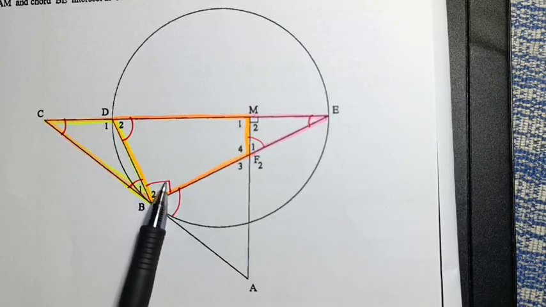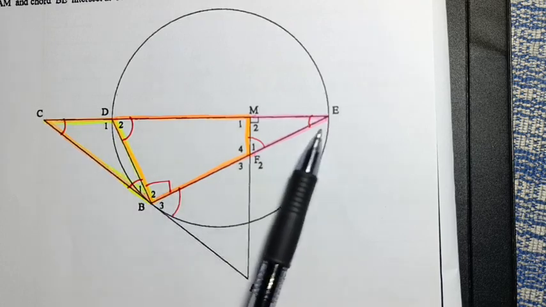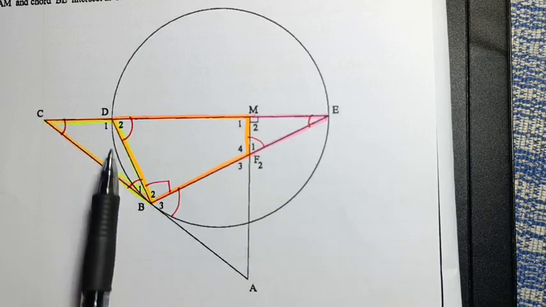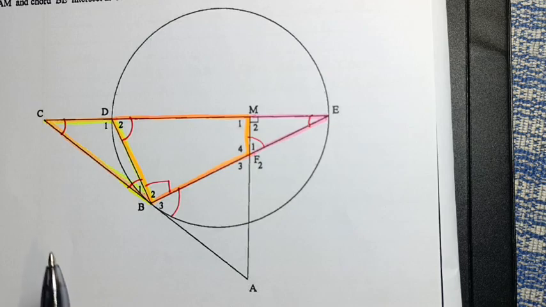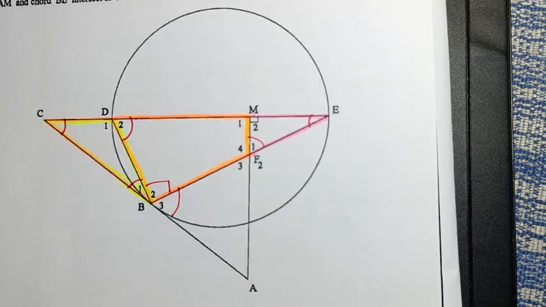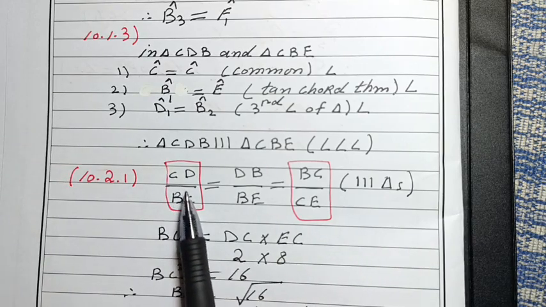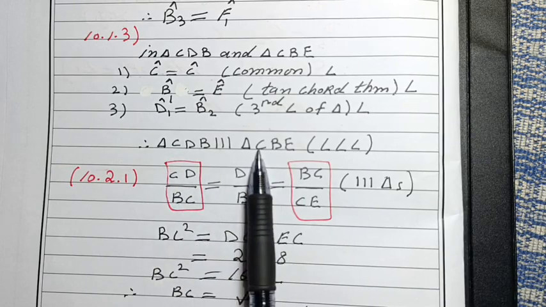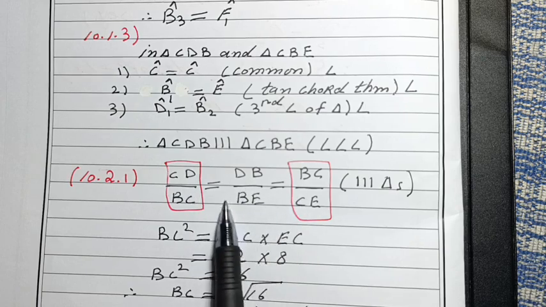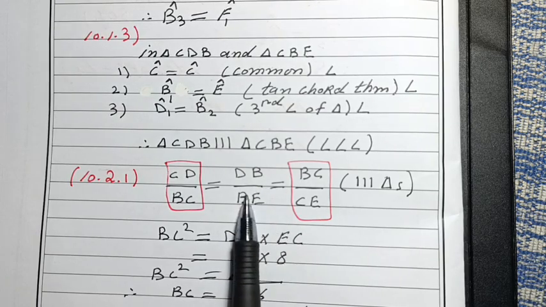This is a 90-degree triangle, so I can use Pythagoras here, because DE squared is equal to DB squared plus BE squared. But we need to find DB, so in the meantime I'm going to use that earlier we proved these two triangles are similar, so I'm going to use their proportion of sides. DB is here, so I need to use these two now.